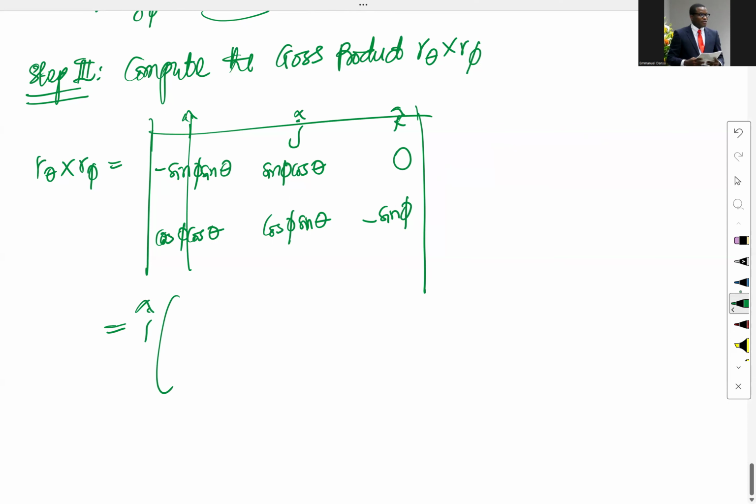You have this multiplied by this, minus this multiplied by this. Let me do it one after the other. Sine theta cos phi times minus sine phi gives minus sine squared phi cos theta, since sine phi times sine phi is sine squared phi, the minus is there, and cos theta remains. Then minus cos phi sine theta times 0 is simply 0, and that goes.